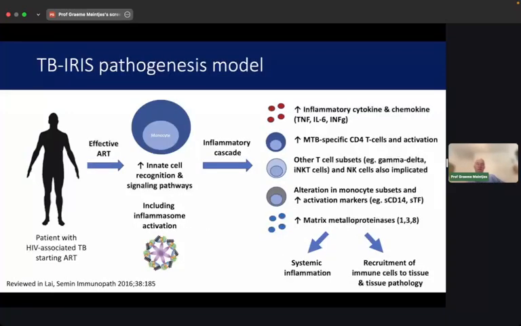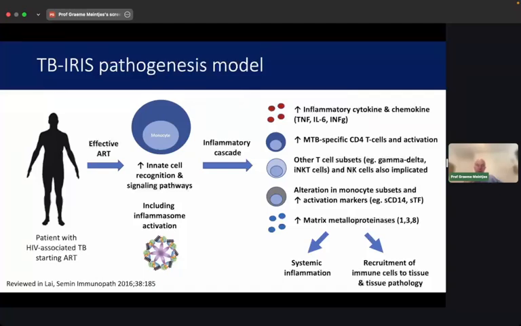And this is a very busy slide, but all I wanted to say to you is that we've done a number of studies looking at the immunology of TB-RS, and what we see is that even within the first few days of starting ART, we can pick up a gene expression signature involving cellular signaling pathways within cells like monocytes, like the inflammasome, which is an inflammatory cascade found within monocytes, which amplifies the immune response.